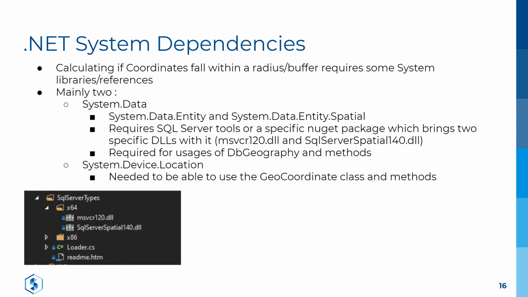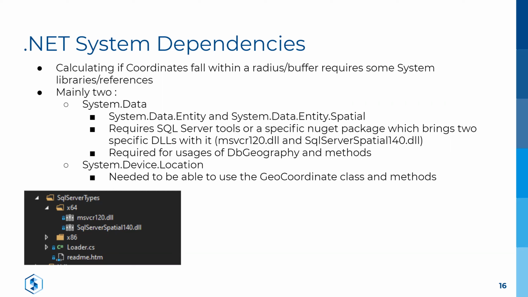And looking into it, you find, oh, it's these DLLs that it needs. So there's a specific NuGet package, if I'm not mistaken, called Microsoft SQL Server Types. When you install it, it'll make this folder and add these DLLs in this little loader class. Then all you do is call this loader class when the application starts up, and it loads in these DLLs.